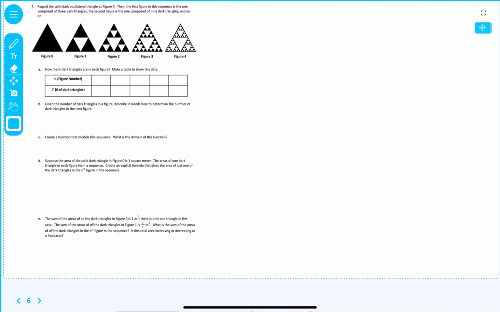All right. So if we have figure 0, 1, 2, 3, and 4, how many dark triangles are in figure 0? 1. How many are in figure 1? How many in figure 2? How many in figure 3?